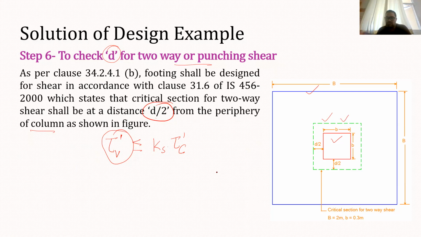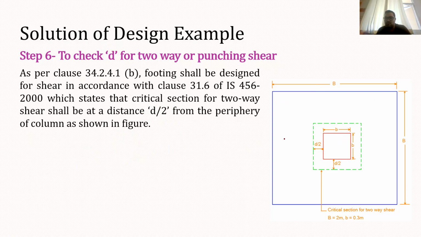Now to calculate the shear force, in the previous two cases we had a critical section, and that critical section used to divide the whole area of footing into two parts. One is the LHS and the second one is the RHS. But here, in this case, the critical section again has divided the footing into two parts. One is inside of this dotted line, the other outside of this dotted line.